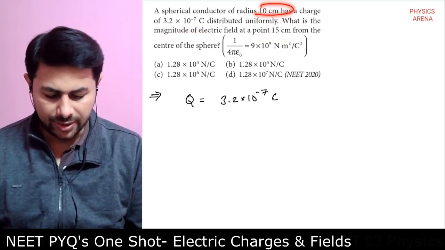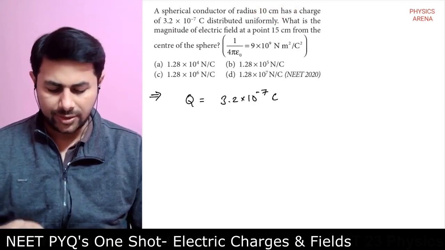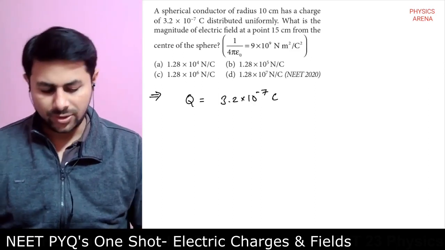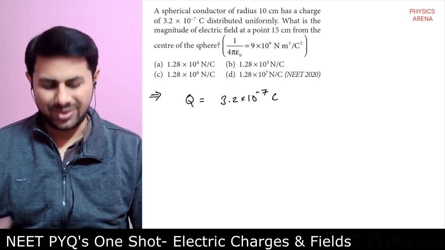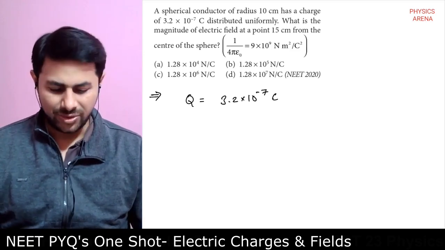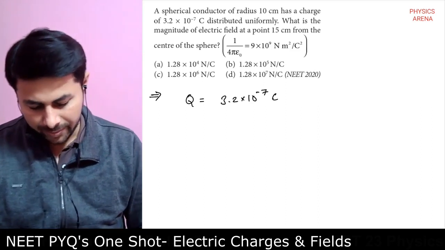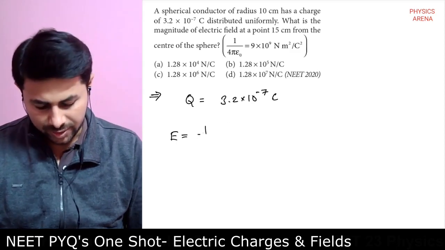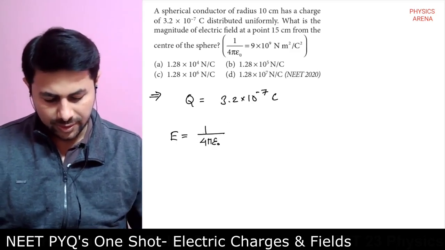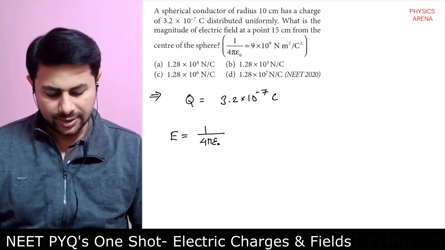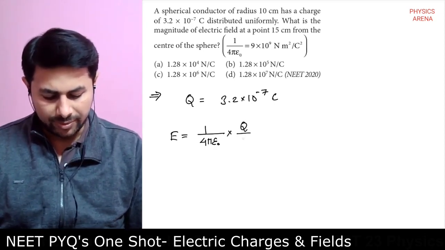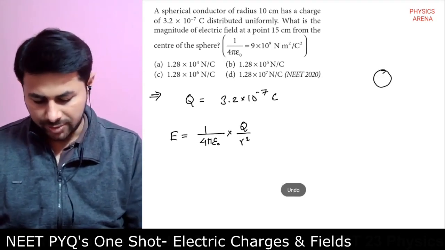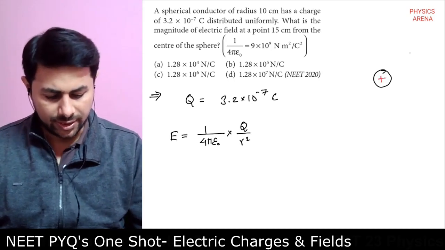So the radius of this spherical conductor is 10 centimeters. You want to find the electric field at 15 centimeters from the center. We have not seen this yet, but we'll just directly use the formula. We'll see this tomorrow. The electric field due to a spherical conductor outside the conductor is given by 1 upon 4 pi epsilon naught multiplied by q upon r square. Suppose this is a spherical conductor and there is some charge on it.